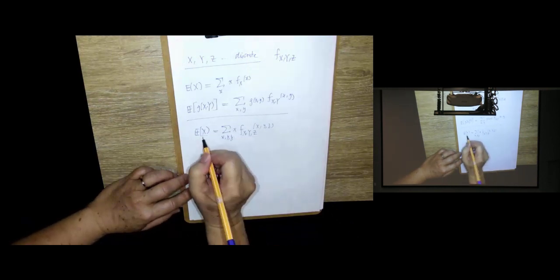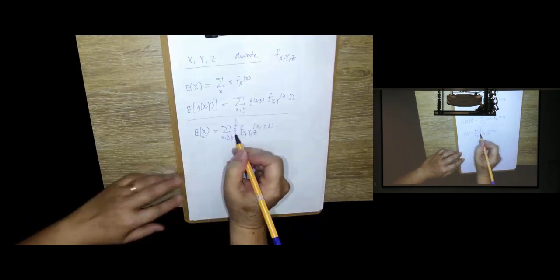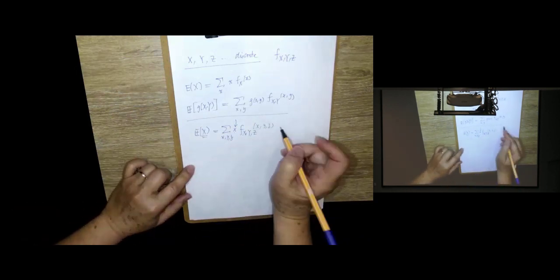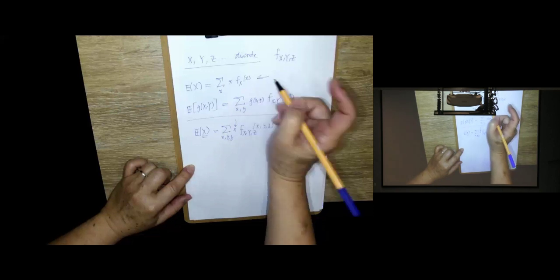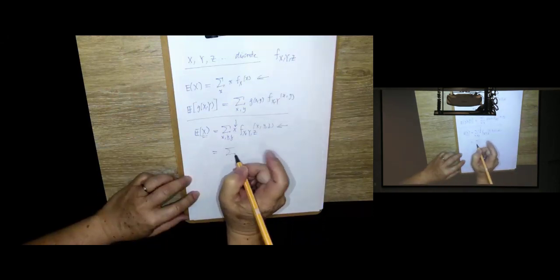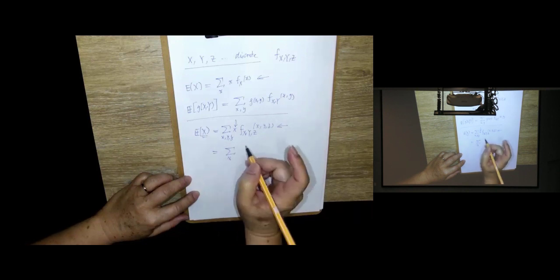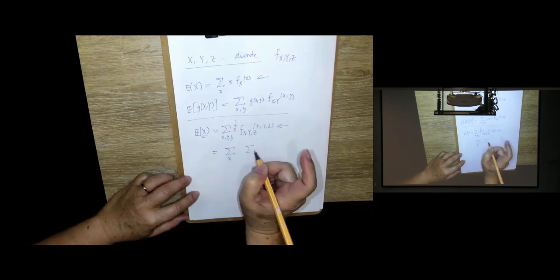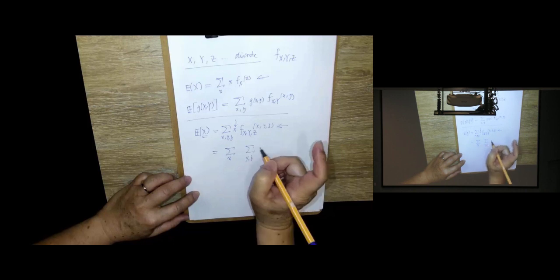The x corresponds to the small x, lowercase. But then these expressions are actually the same, because what you can do is you sum x first, and then sum y and z.